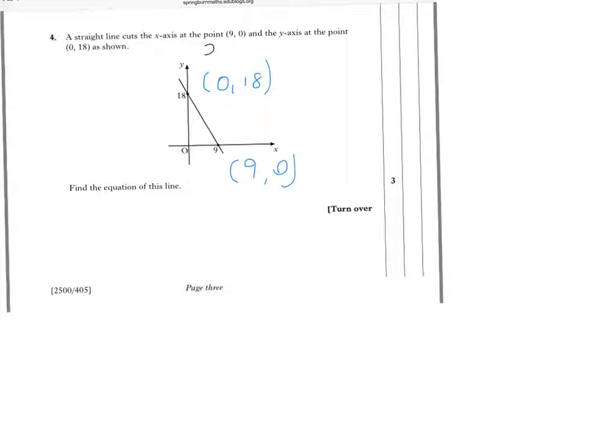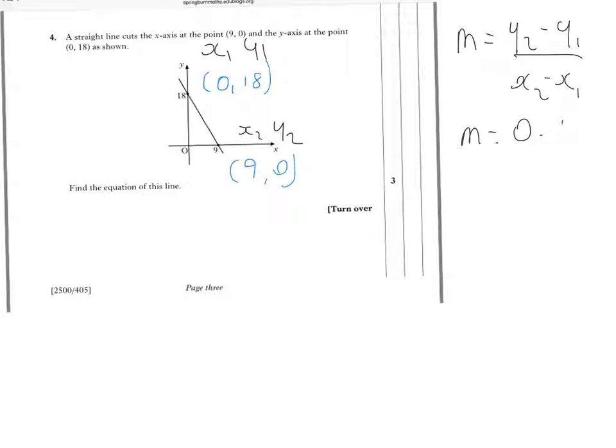I'm then going to label my first point as x1, y1, second point as x2, y2. Then find the gradient. Gradient formula, y2 minus y1 over x2 minus x1. 0 minus 18 over 9 minus 0. Just be careful with your sign.